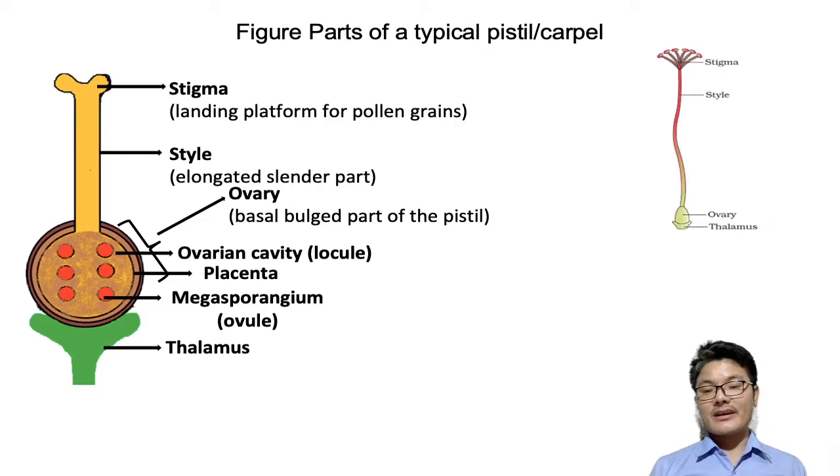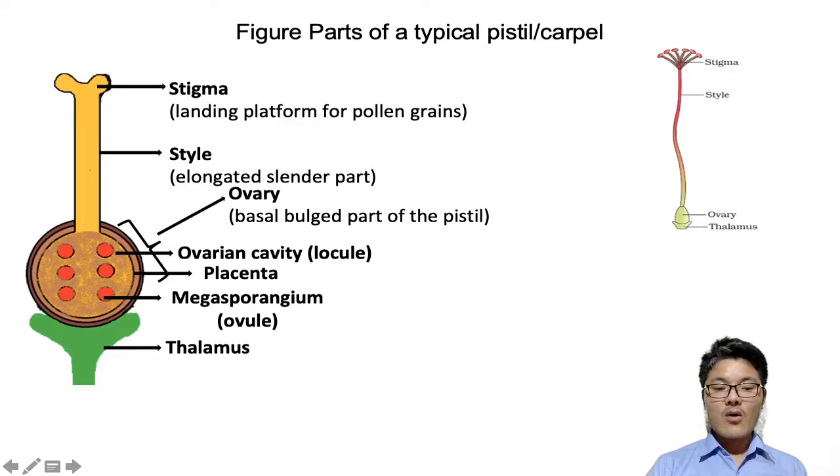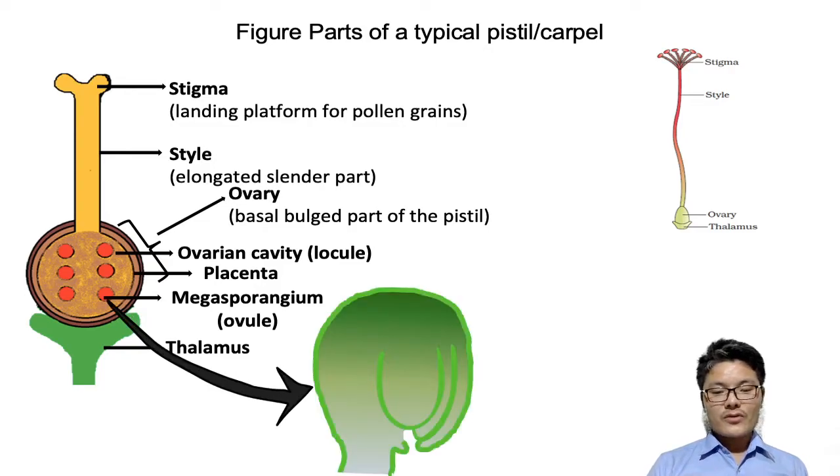This is another diagrammatic representation of the pistil showing stigma, style and ovary, and the pistil is attached to the thalamus. Now we were discussing that the megasporangium or ovule is attached to the placenta, and if I magnify it, the ovule has a structure like this in some plants.